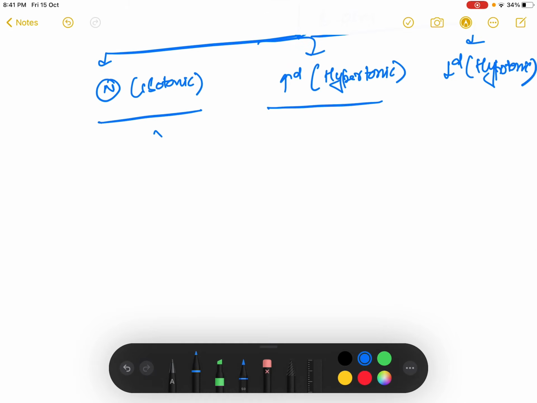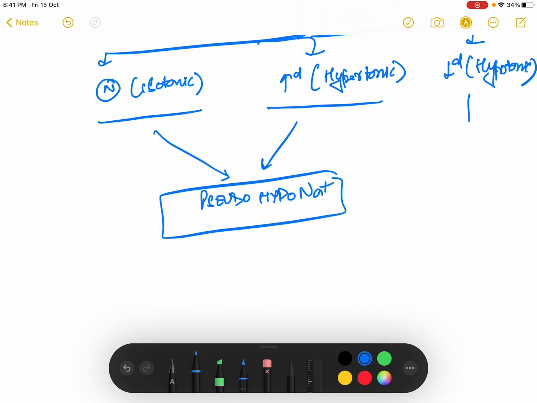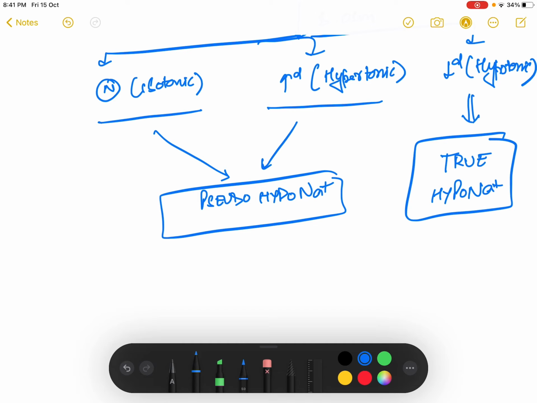These two, isotonic and hypertonic, are pseudo hyponatremia. They are not true hyponatremia, these are false hyponatremia or pseudo hyponatremia. Only hypotonic hyponatremia is the true hyponatremia.